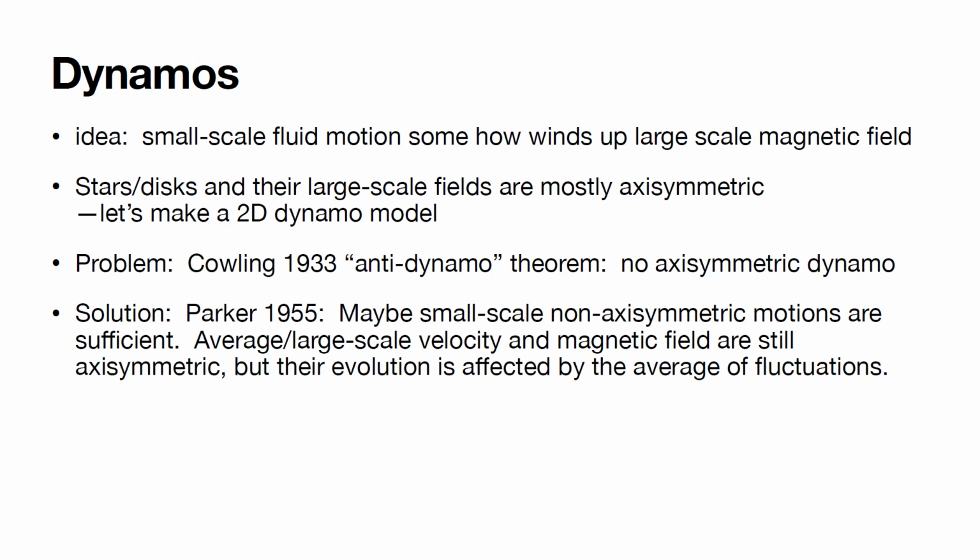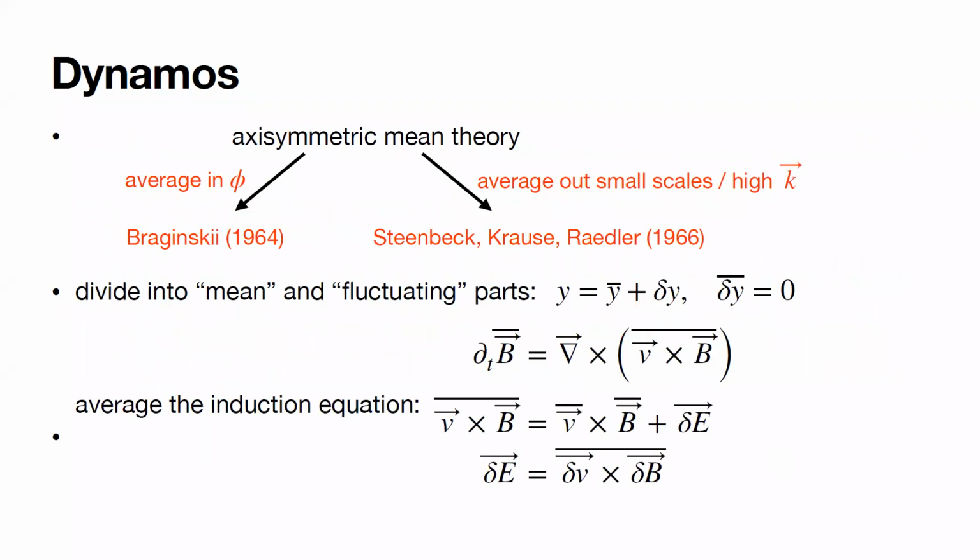However, the evolution equations, the Euler equation for the fluid and the induction equation for the magnetic field, will look different. When you average out the small scale stuff, the average of these fluctuations is actually not 0. For the velocity, there might be some mean force that will affect the axisymmetric evolution. For the magnetic field, there might be some mean electromotive force that drives it.